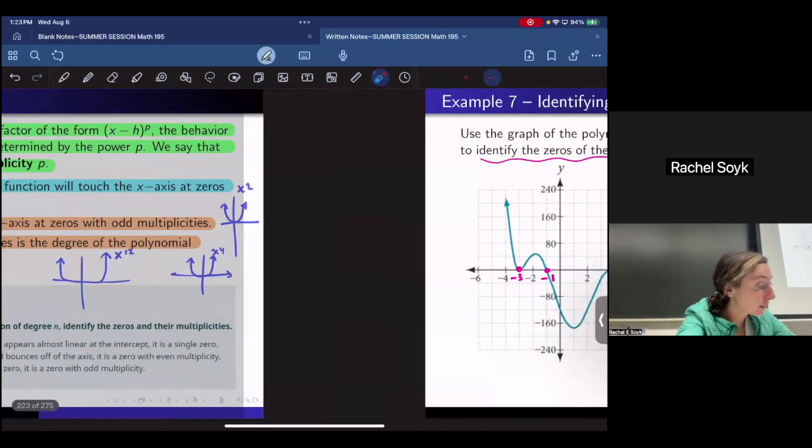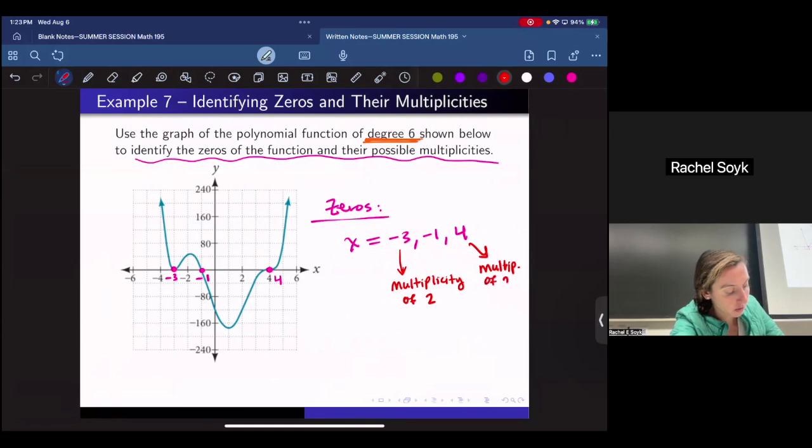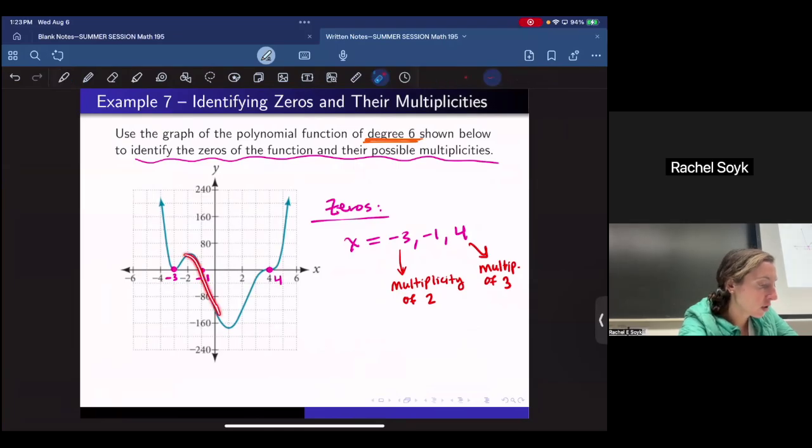And so you can kind of really see that one right here, right? And we're dealing with a cubic, so we have a multiplicity of 3 here. Whereas this one just shoots straight through.